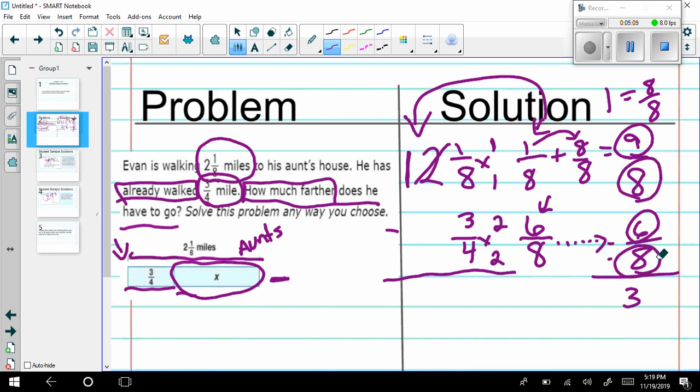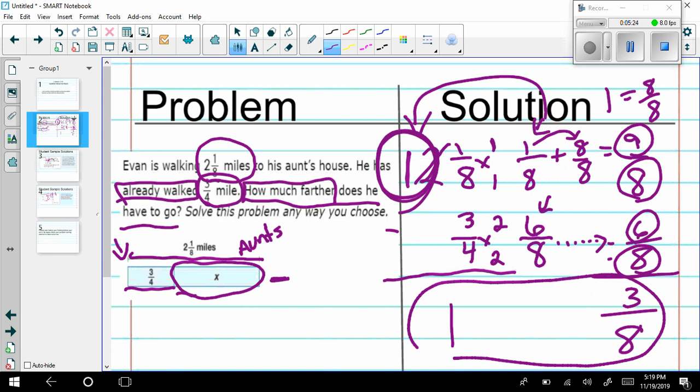I do not add or subtract them. Now I have my remaining fraction. However, remember, we still have our 1 whole over here. So my answer would be that Evan still has 1 3/8 mile to walk.